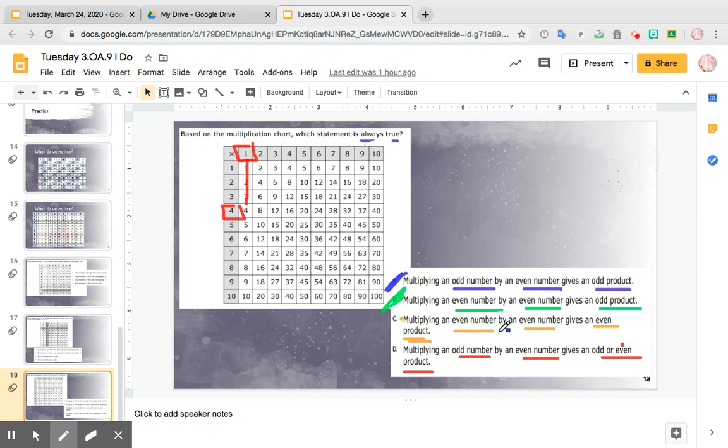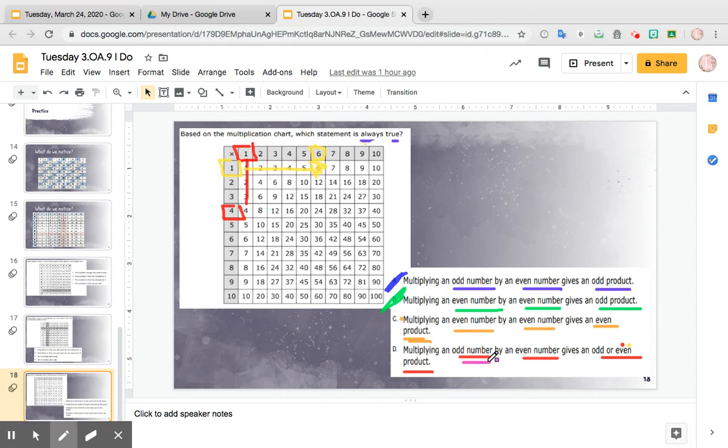Let's try another because they're saying it could be either odd or even. What if we did, let me change the color. 1 times, that's odd, times an even number, 6. Well, that gives me an even number again. So far, I'm only getting even numbers. Let me just try one more problem and see.